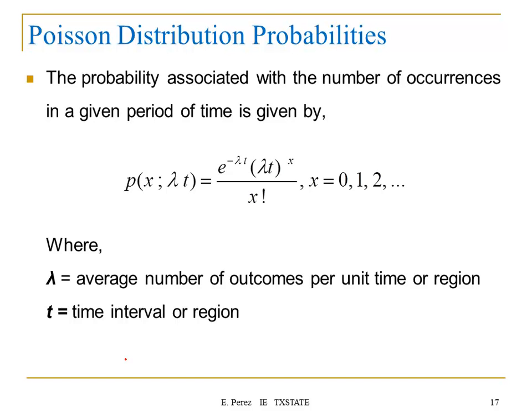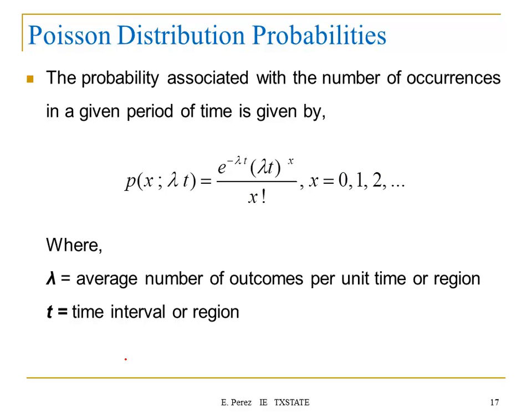The probability associated with the number of occurrences in a given period of time is given by this expression, and this is what we call the Poisson distribution. Here we have two parameters, lambda and t. Lambda is the average number of outcomes per unit time or region, and t is the time interval.